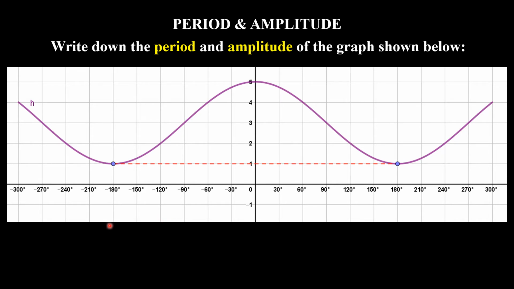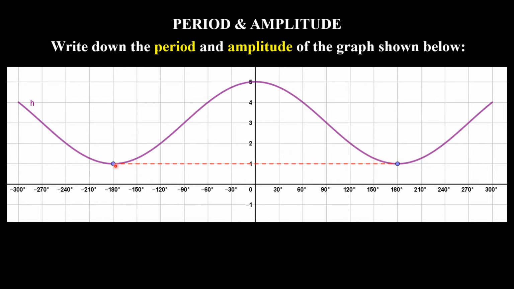What is a period? Period is a cycle. Starting from one point, it is coming to the same level. So if you want to calculate the period of a trigonometric graph, you start at one point and then think about the same level. Where is the graph approaching the same level?